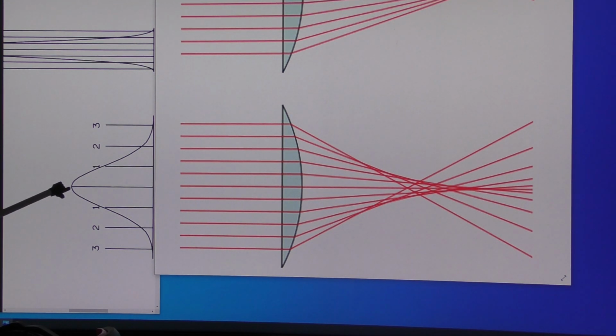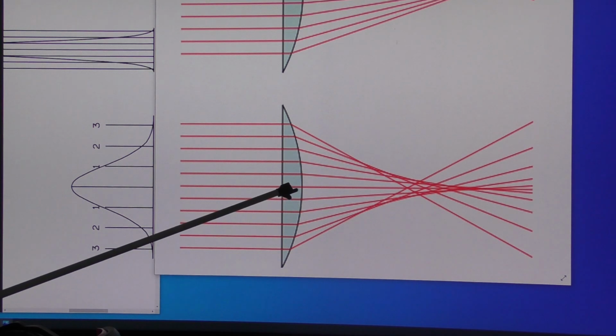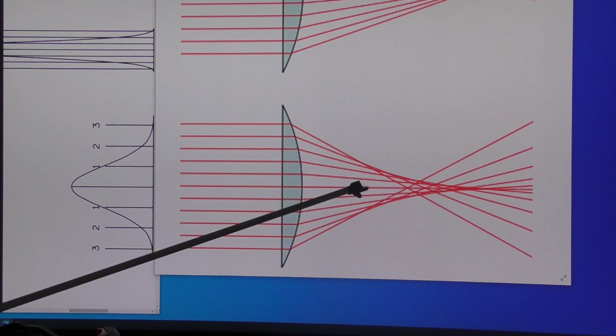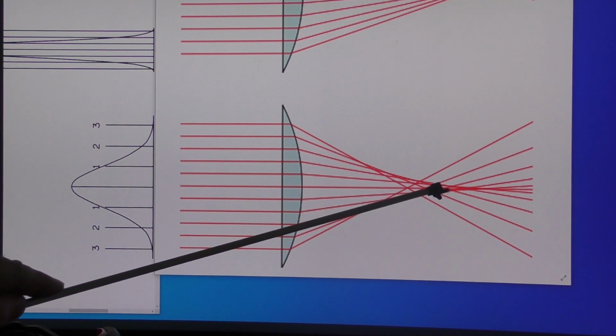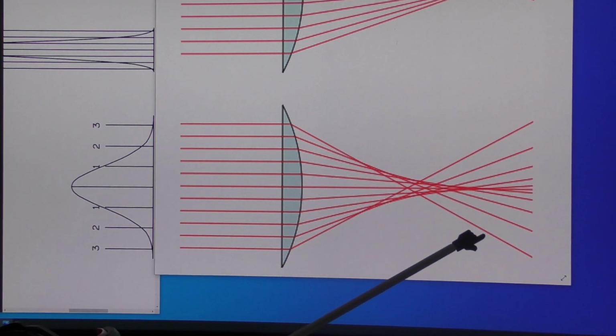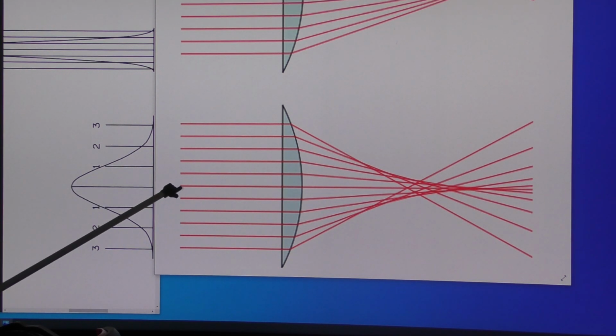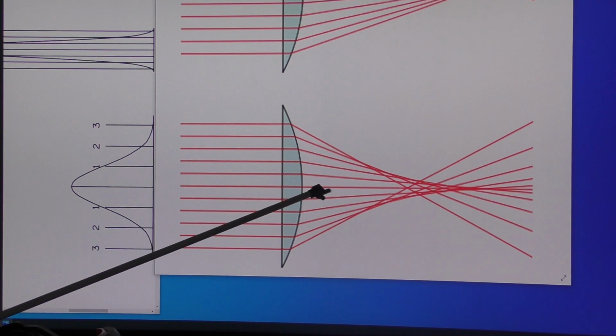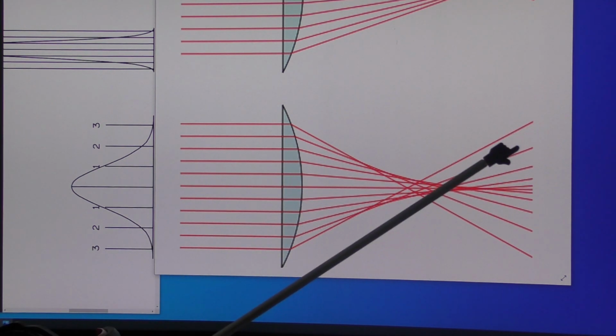So here we've got our point of highest intensity, this ray here. And this ray here, remember, is passing right through the centre and is not changed at all. It's just passing right through the middle and carrying on to infinity with exactly the same value as what it had here. Now, the two rays that are adjacent to that are passing slightly away from centre, and they will be very, very slightly focused.